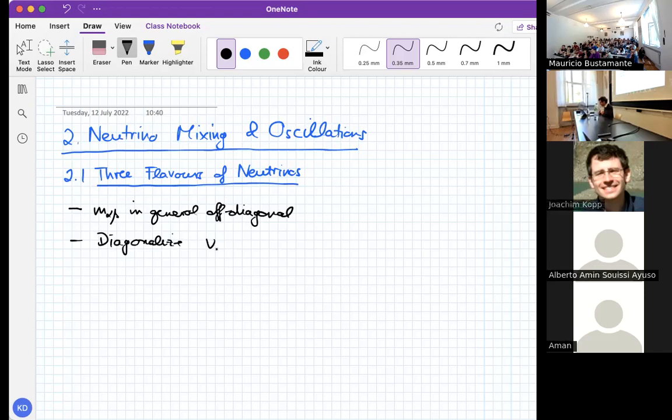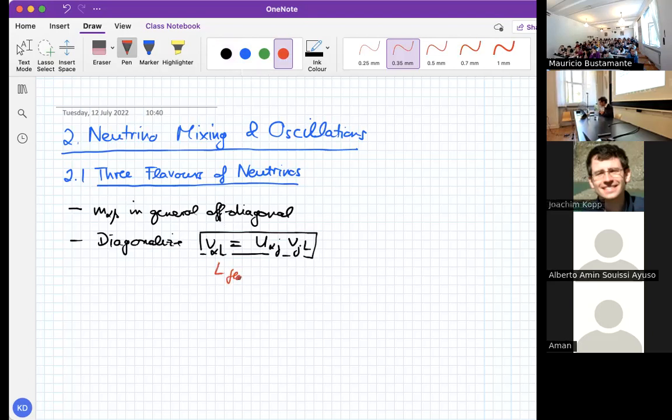Doing so meant a rotation of the form nu alpha L equals U alpha j times nu j L. Here, what I call nu alpha L are the neutrino flavor eigenstates as before.